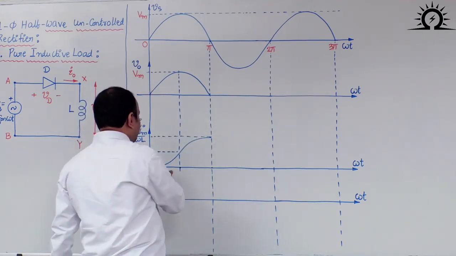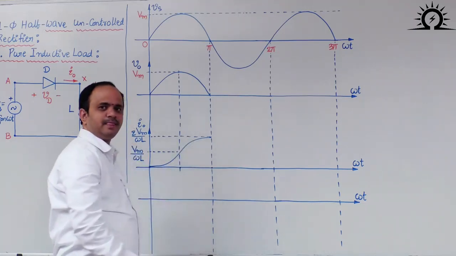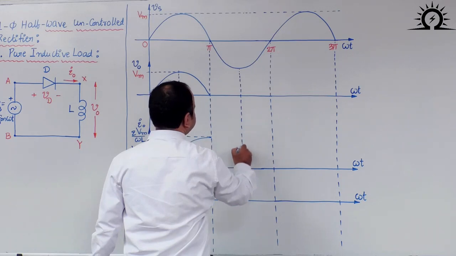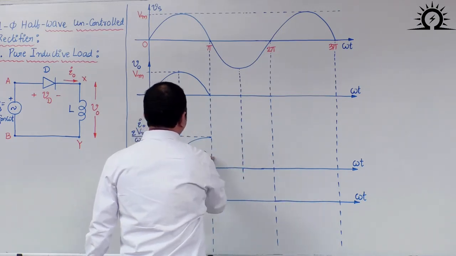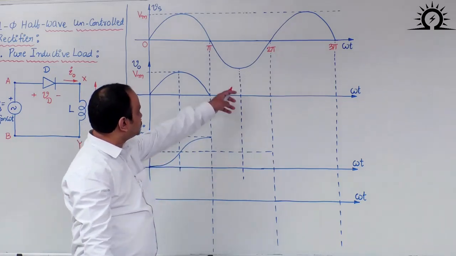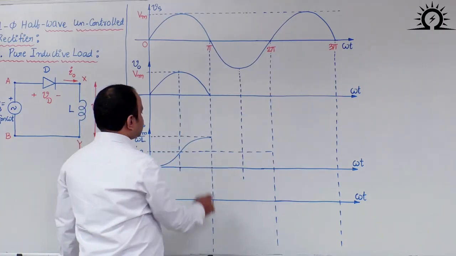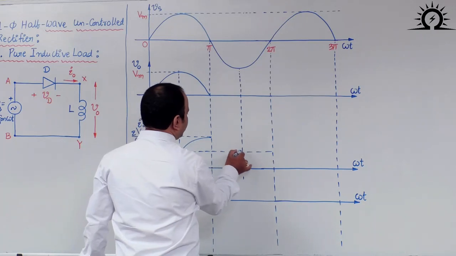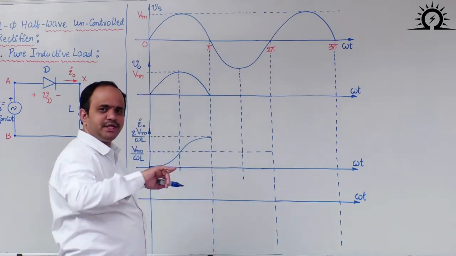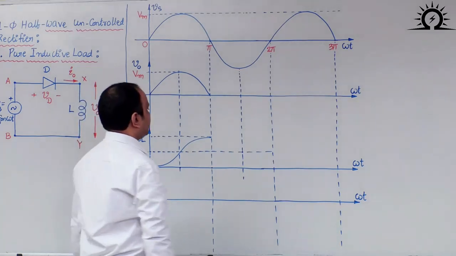But this change is in the increasing fashion. Therefore, in the negative half cycle of the source voltage, when we change by another pi by 2, that means when you reach 270 degrees, the inductor current reaches Vm by omega L. Okay, the change will be Vm by omega L, but now that change is in the decreasing fashion.